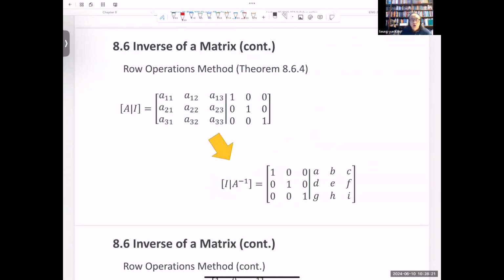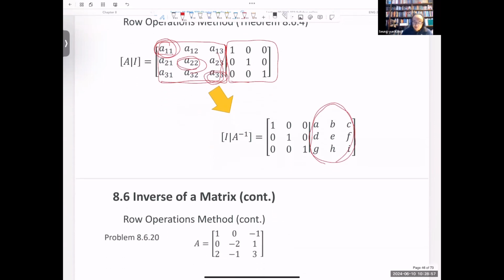There is a way to get the inverse matrix using the row operation method, just like what we learned in section 2. So we have a 3 by 3 matrix here, and then you put the bar and put the identity matrix, and using row operations, we want to make this side 1, 1, 1 on the diagonal and all other numbers 0. And at the end, whatever we have on the right hand side is going to be the inverse of this.